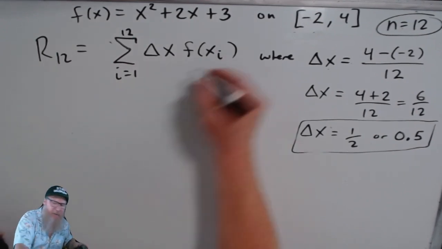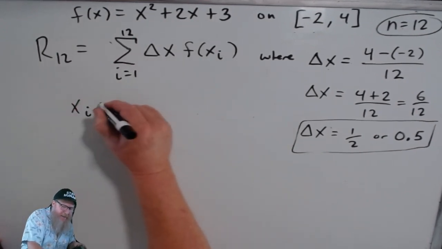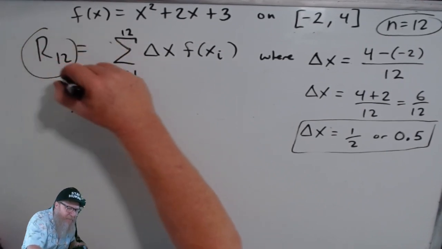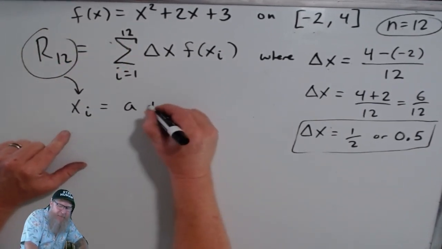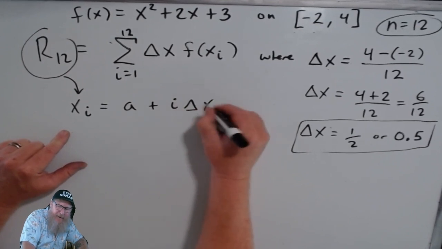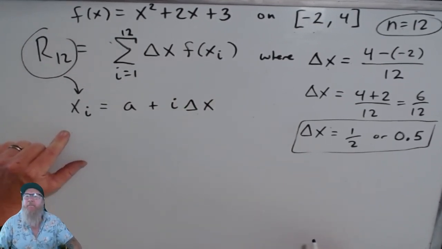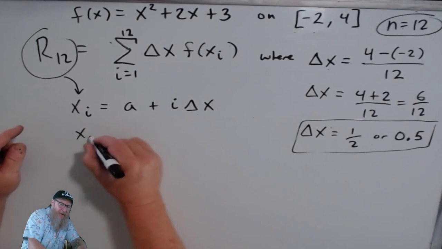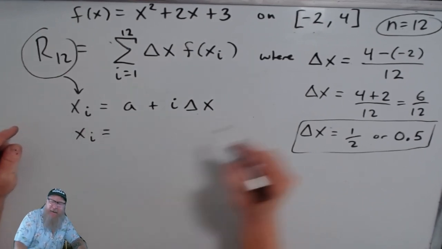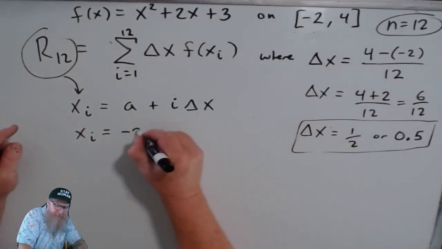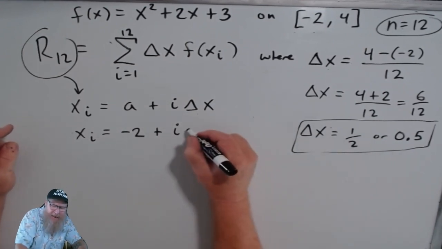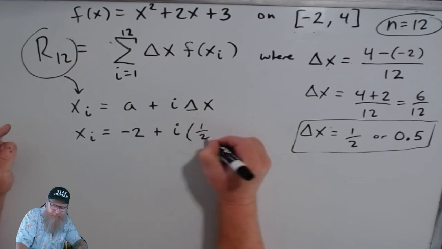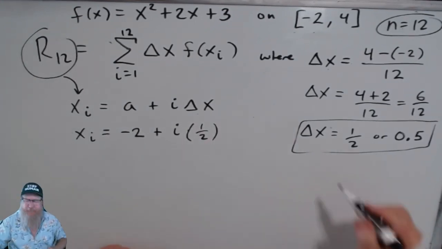Now let's see if we can remember the xi. Because we're doing right endpoints, the xi is very easy. It's a plus i delta x. So xi, a is -2 plus i times 1/2. Well, there's your delta x.